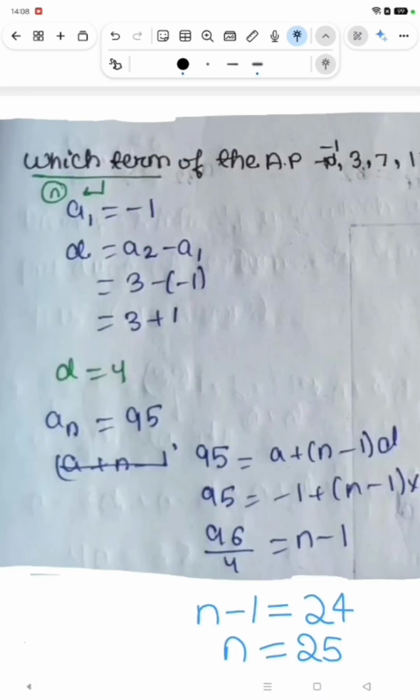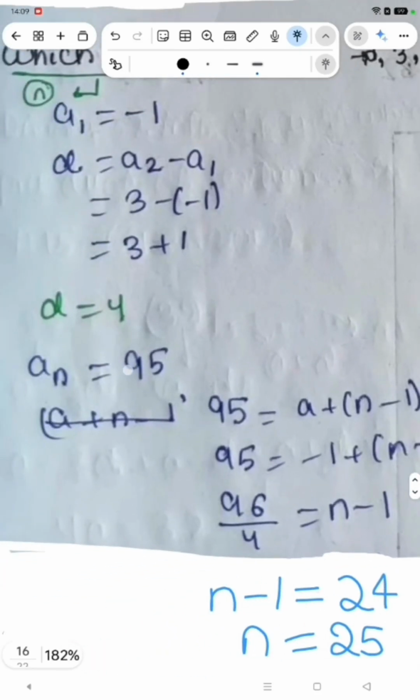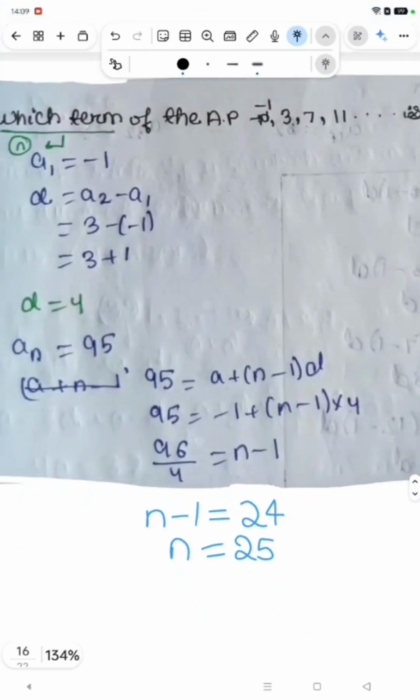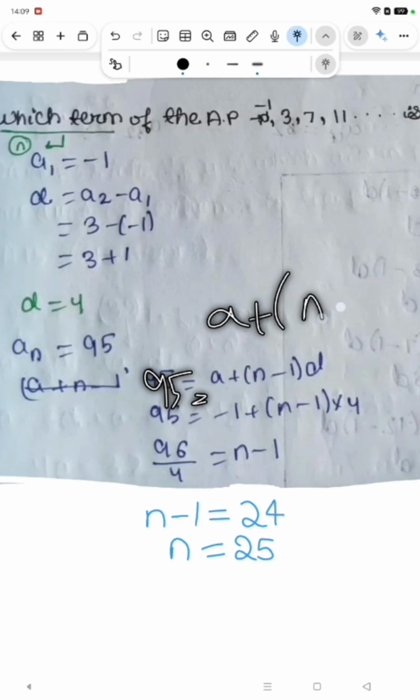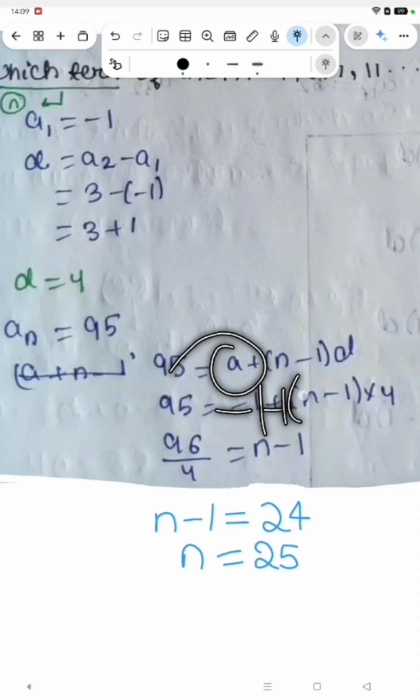We have to put the values in the an formula. an is given as 95. So an equals 95. Then the formula will be 95 is equal to a plus n minus 1 into d. So a is given, minus 1, plus n minus 1 into 4, common difference is 4.